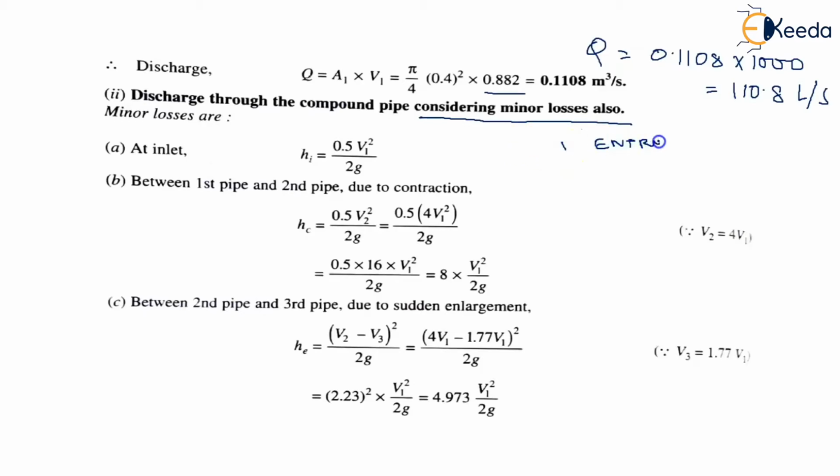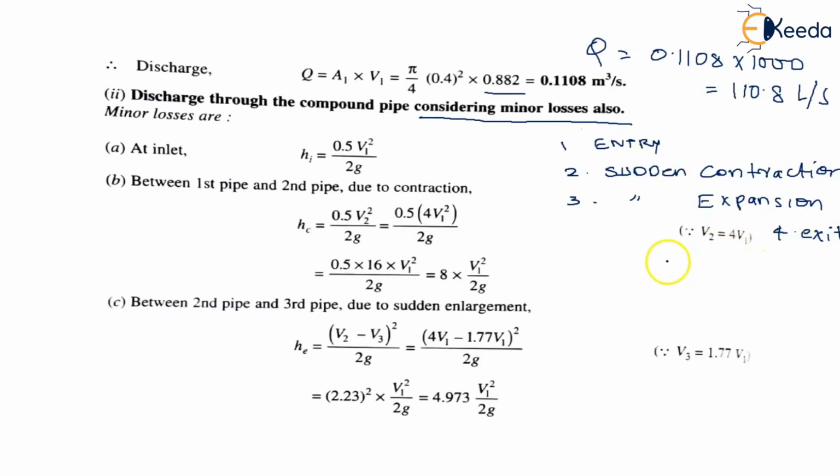The second loss is due to sudden contraction, because the diameter changes and it is reduced. Third, it will be due to sudden expansion. Fourth will be due to exit. And apart from these four losses, we have friction loss in pipe 1, pipe 2 and pipe 3.